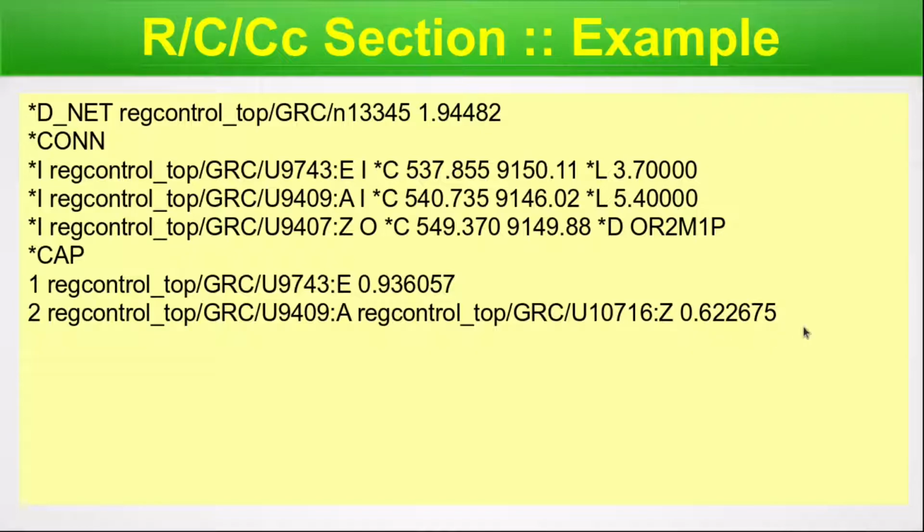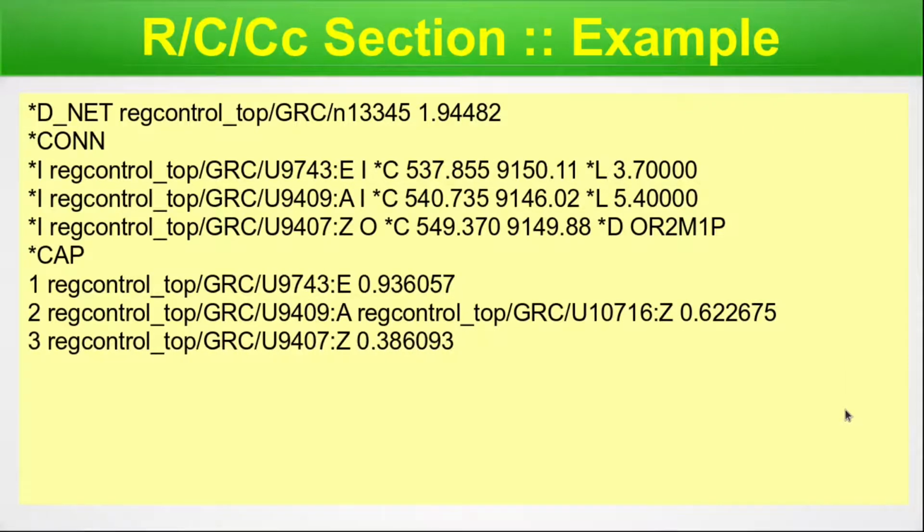The last field gives the numerical value of the coupling capacitance. So this is the coupling capacitance between these two nodes, or pins here rather. And in the example before, it was the lumped capacitance with respect to the ground. So here is the difference of the two kinds of capacitance expression. This next capacitance again is a simple capacitance to the ground. You can interpret this the same as before.